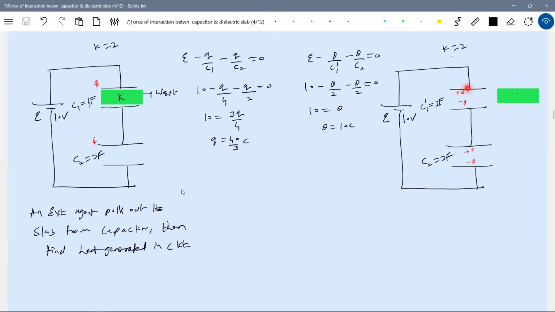Did the charge on this plate increase or decrease? Earlier it was 40 by 3, 13.33 coulomb. Now it is 10 coulomb. So some charge left from here and the positive charge entered the positive terminal. So we are now able to predict the work done by the cell. Okay, fine. So what was our query? Heat generated in the circuit. So what to do for that? Because here an external agent is also in the picture. How to take care of him?